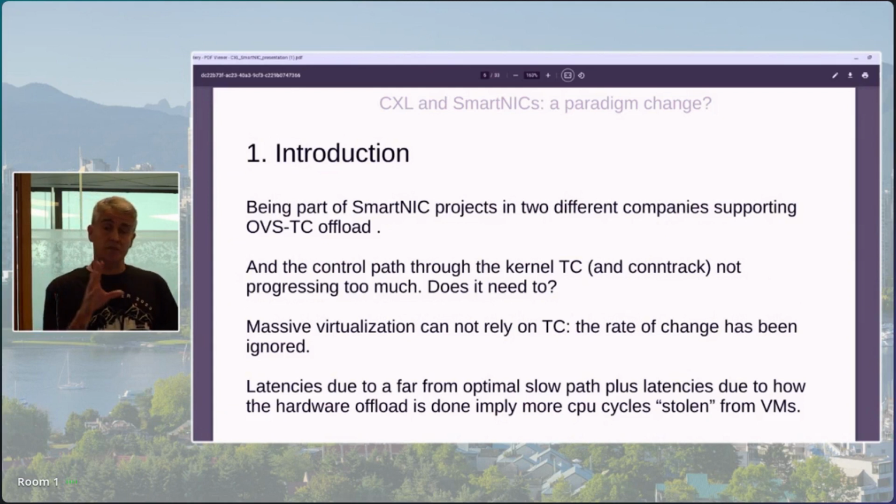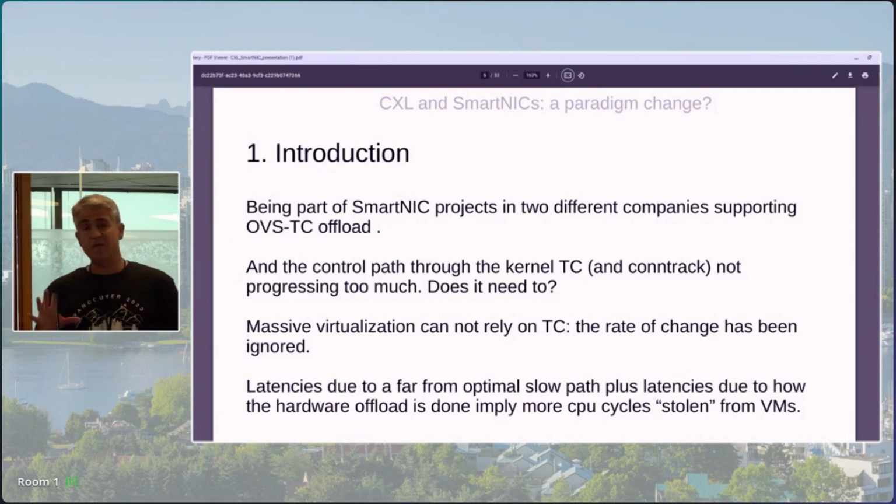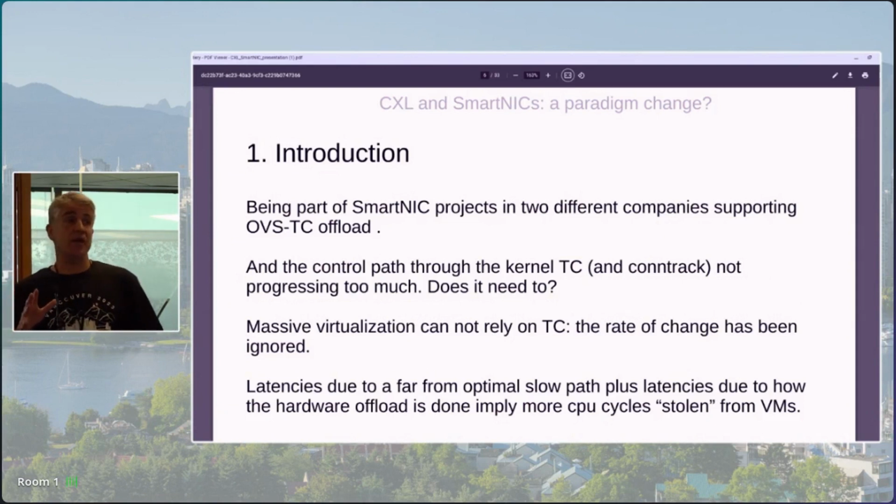But I will introduce the concept of slow path and fast path. If you are familiar with that, the slow path means the packet handling, the matching and action, is going to happen in the CPUs, and it is going to play an important role in the whole solution.